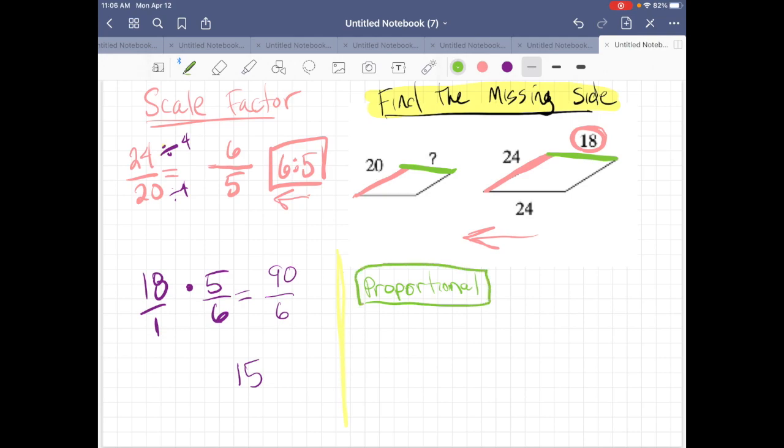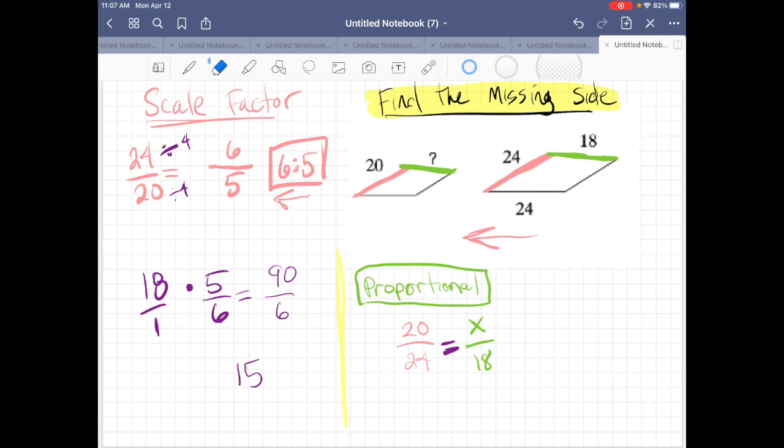So same thing, 20 goes with 24, and that's going to be the same proportion as our missing side, x, is to 18, right?